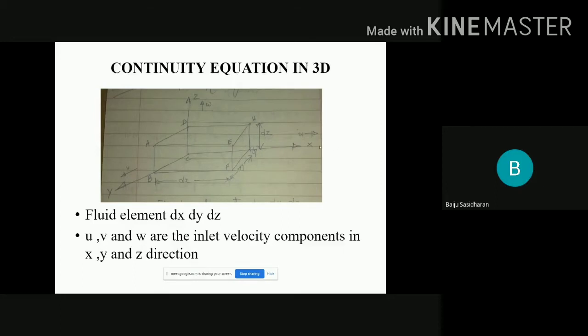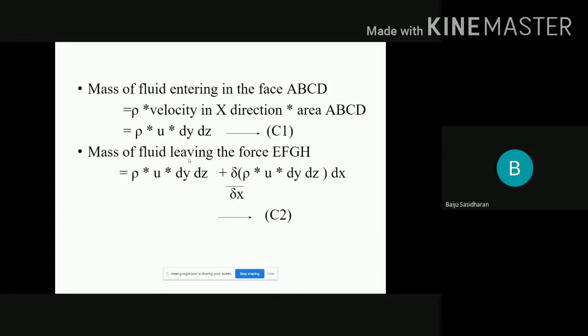Then you see the mathematical expression: the mass of the fluid leaving the face EFGH is rho u dy dz, which is already there, plus del by del x of the same quantity into dx.